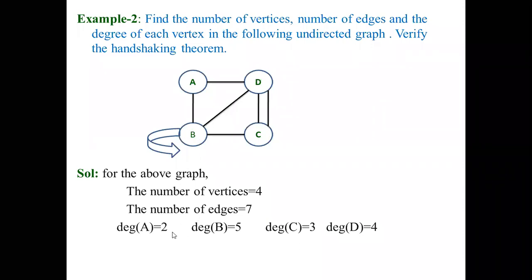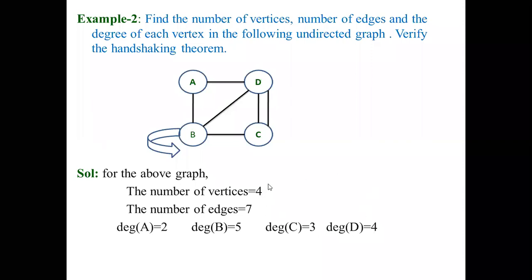So degree of A is equal to how many edges are incident at A? 2 edges. So degree of A is 2, and degree of B is, so here self loop is here, so that is 2 plus 3, 4, 5. So degree of B is 5, and degree of C is 1, 2, 3, and degree of D is 4.